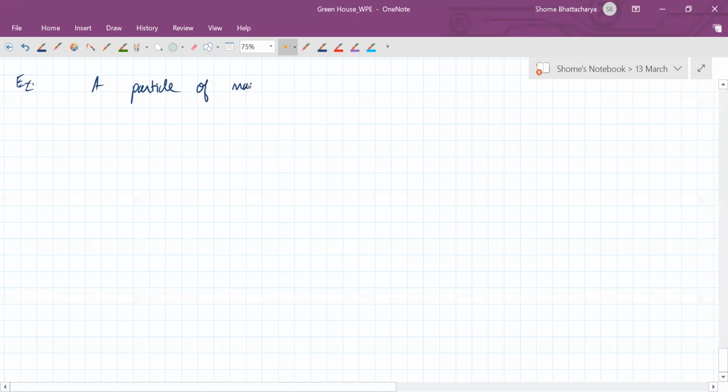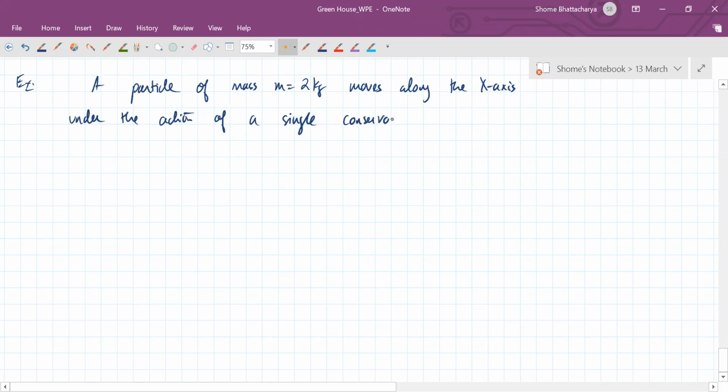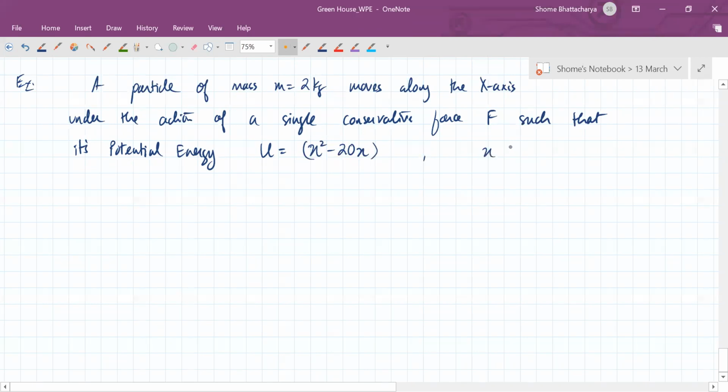A particle of mass 2 kilograms moves along the x-axis under the action of a single conservative force F such that its potential energy is given by this function, where x is in meters and potential energy is in joules.